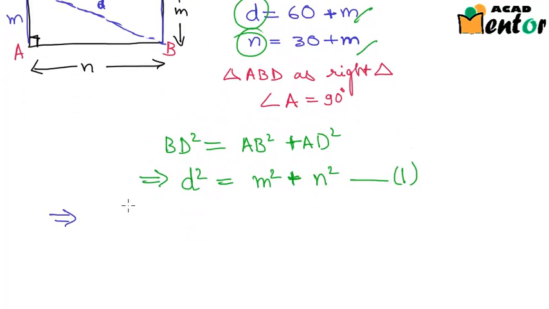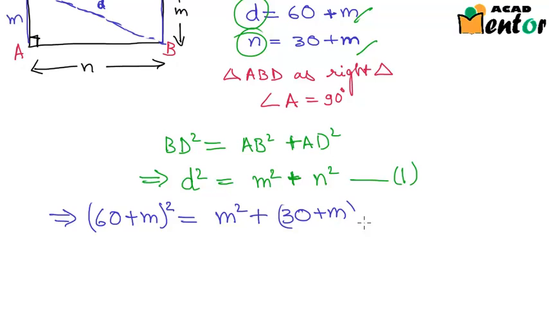So D was 60 plus M. This is (60 plus M) whole square is equal to M square, let that be as it is, plus N was 30 plus M, so (30 plus M) whole square. So this is the equation. Let me just simplify it further.